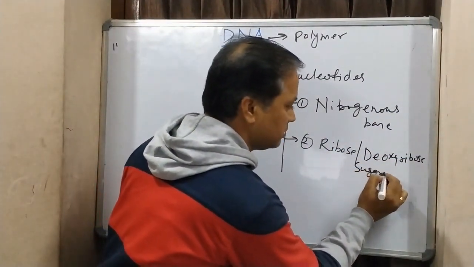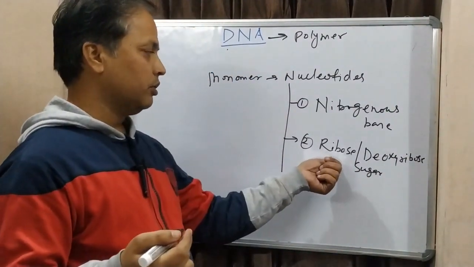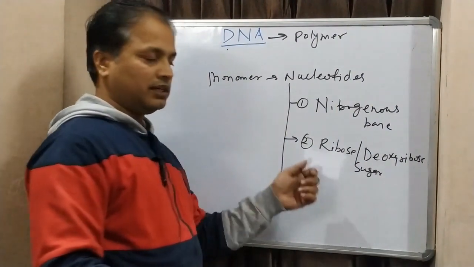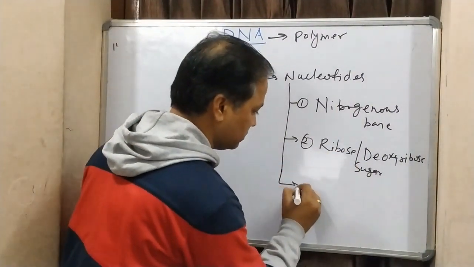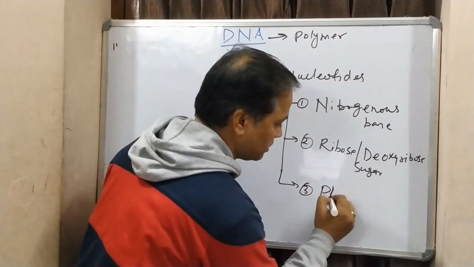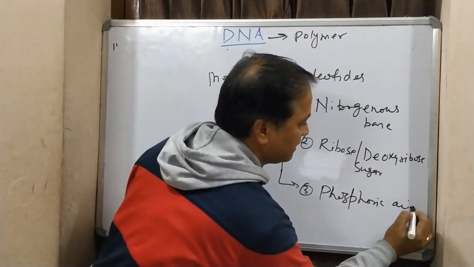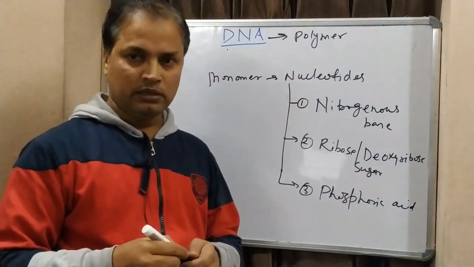This is a 5-carbon sugar present in DNA or RNA, either oxy or deoxy. We will see the difference between ribose and deoxyribose when we talk about sugars. The third is phosphoric acid. So these three components are present in the nucleotides.